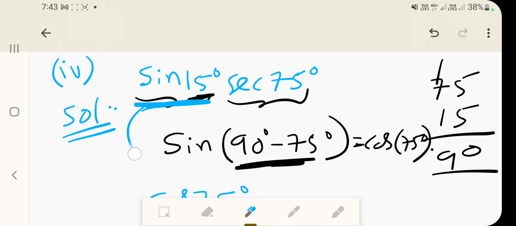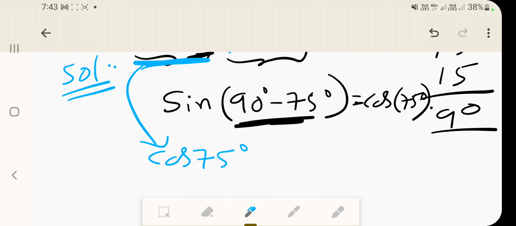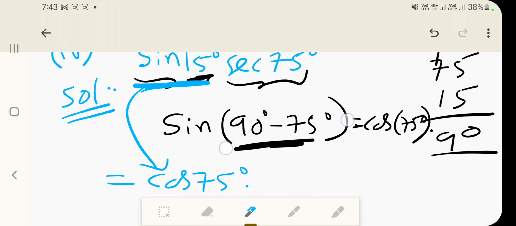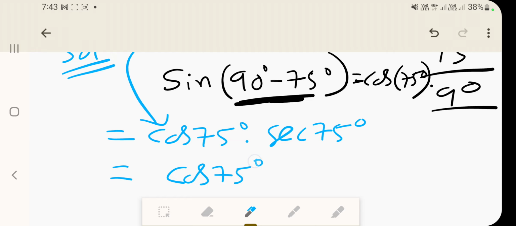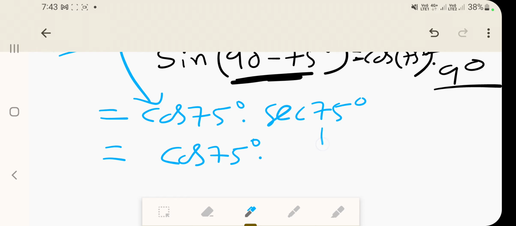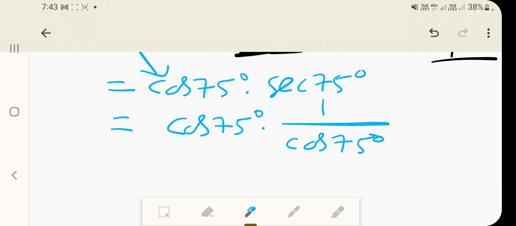Sine 15 is replaced with cos 75 degrees into secant 75 degrees. Now secant is nothing but 1 by cos 75. Secant 75 is 1 by cos 75. This cos and cos we can cancel and we get 1. The answer we get here is 1.